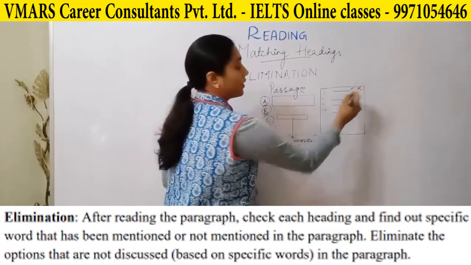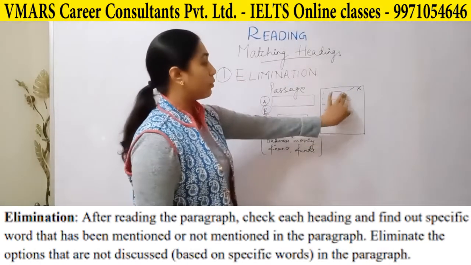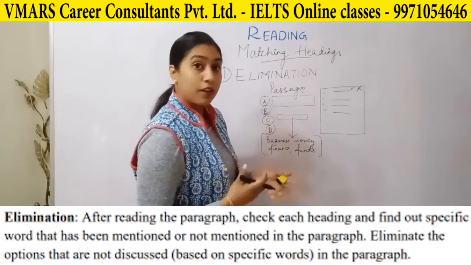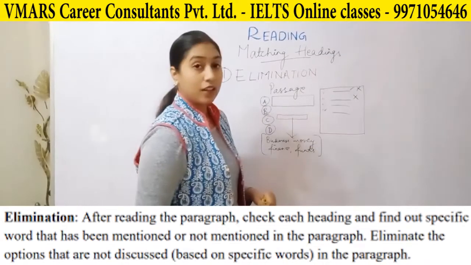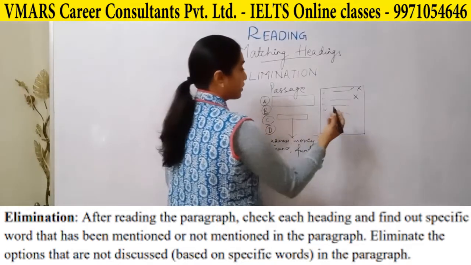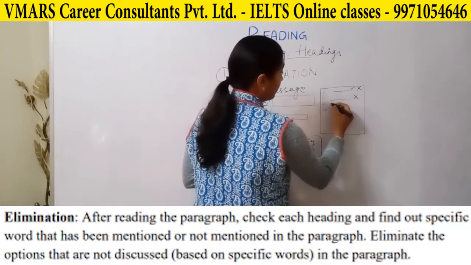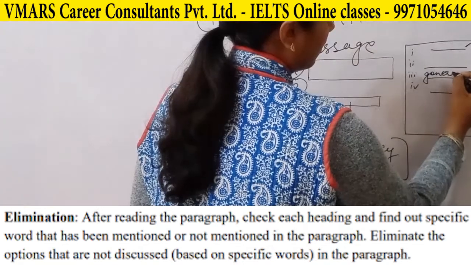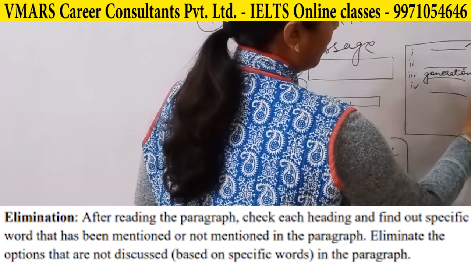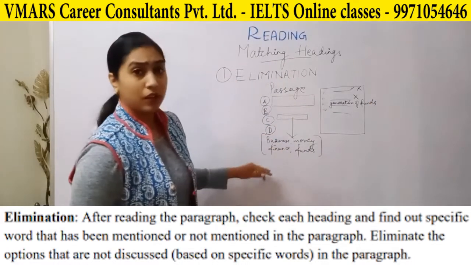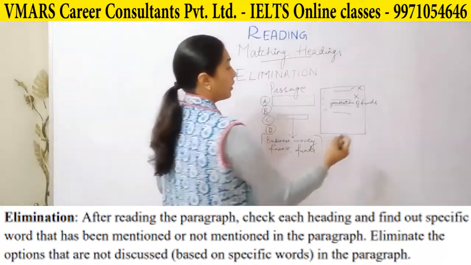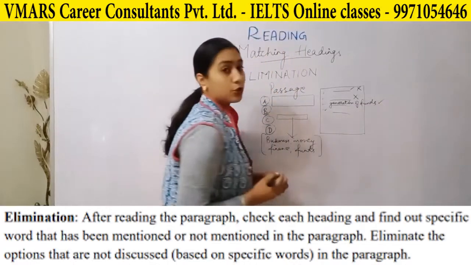You eliminate this heading, then go to the next heading and try to find those similar terms. You eliminate this, then go to the next heading and you find a word concerning the generation of funds. So you see, it's similar. And that's what we work on, the elimination technique.